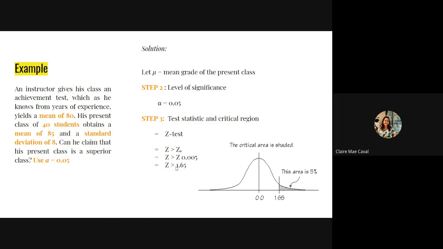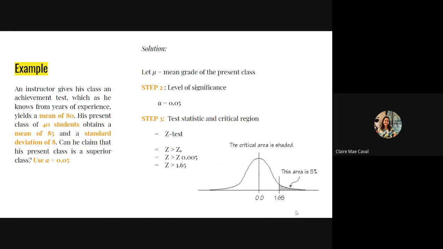And then, let's construct the critical region. Z is greater than the critical value. Z is greater than the level of significance 0.05. And then, Z here is greater than 1.65.